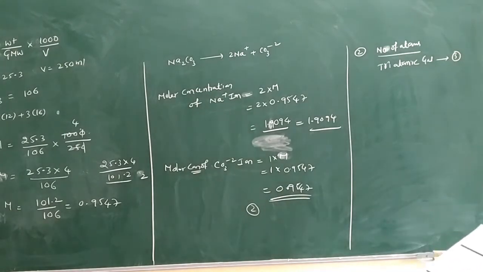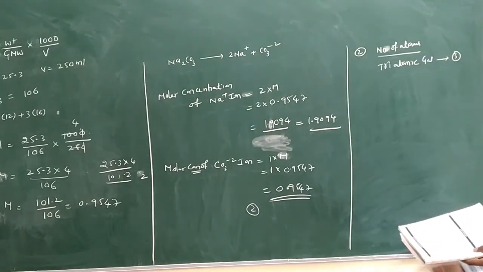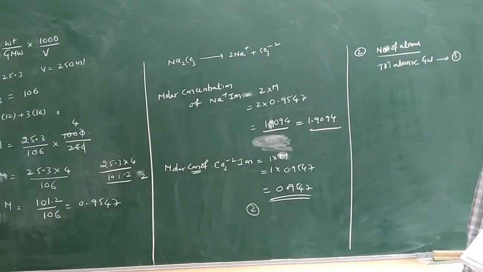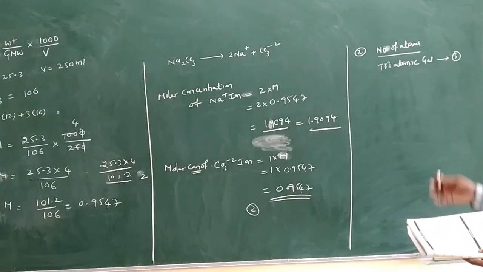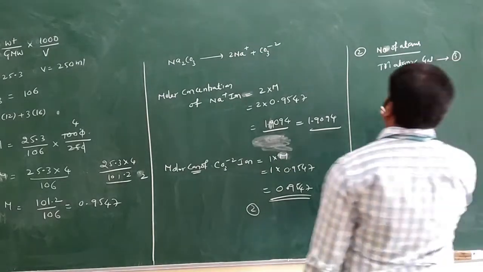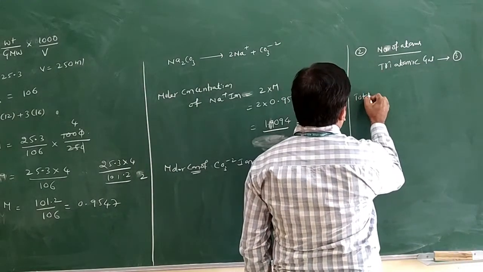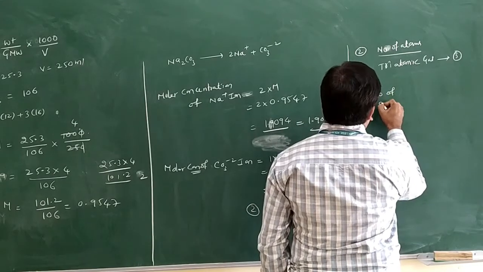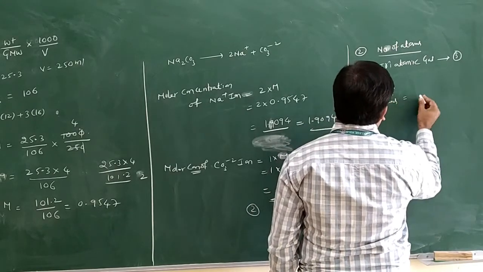If it is a monatomic gas, you take 1. If it is a diatomic gas, you take 2. If it is a triatomic gas, you take 3. They are asking for the number of atoms. Okay, so generally if you want to find the total number of atoms, what is the formula you are using?